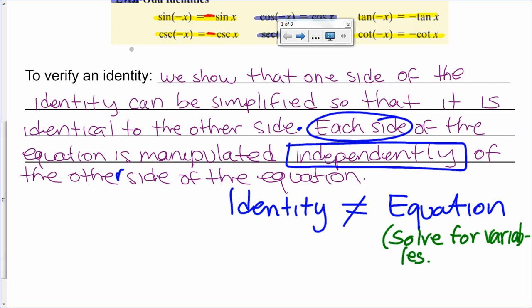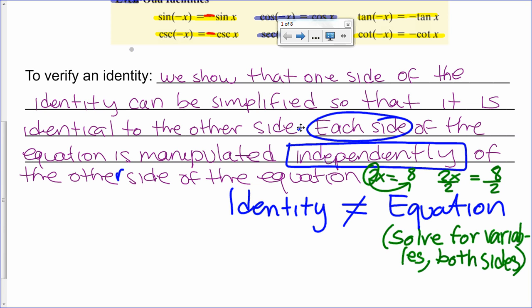And you work on both sides at the same time. What I mean by both sides is like you could say 2x is equal to 8, and so you say divide by 2, right? Or in our class, we don't say that. We could say, well, the 2 is multiplying, so we're going to divide by 2. When we talk about identities, you only work on one side at a time.